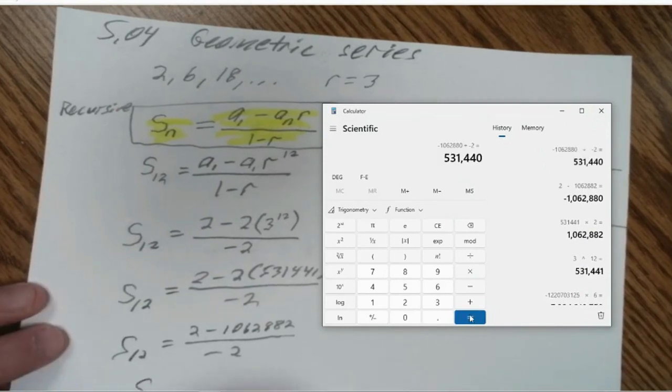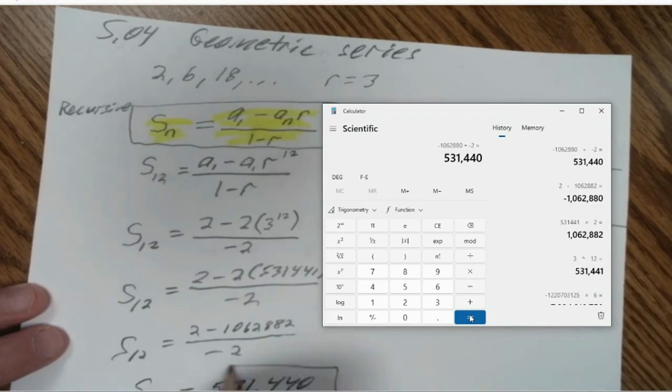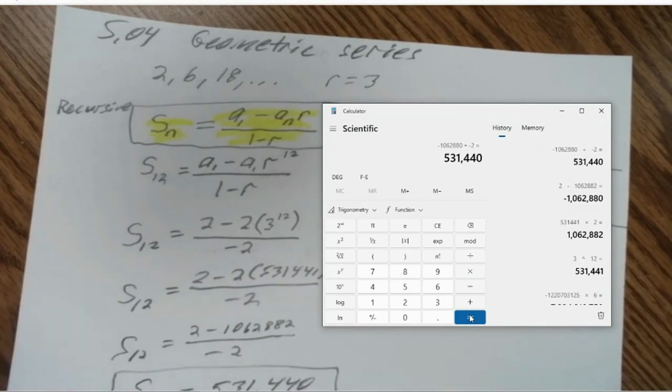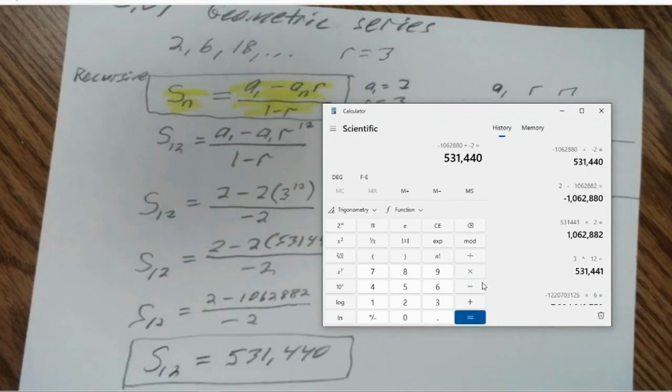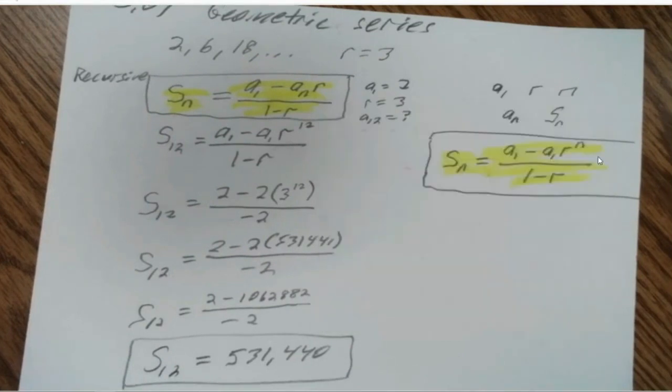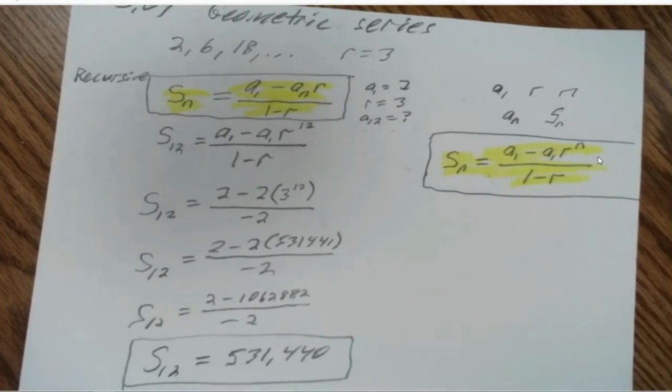So adding up the first 12 terms, it'll end up 531,440. There we go. That saves us a lot of work of finding what those first 12 terms are and then putting them all on the list and adding them all together. We can use this formula and jump straight to the answer.